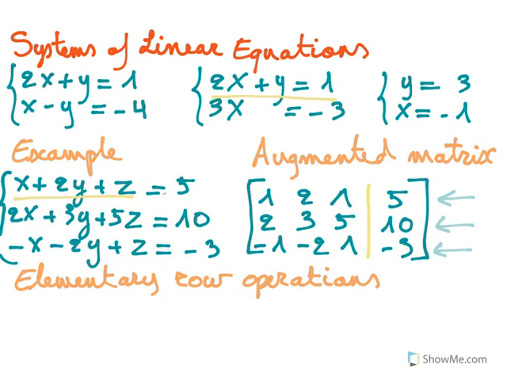There are in fact 3 elementary row operations that you can perform on an augmented matrix that do not change the solutions of your system of equations. You can find these elementary row operations on page 22 of your book. Now, first of all, you can add a multiple of a row to another row.